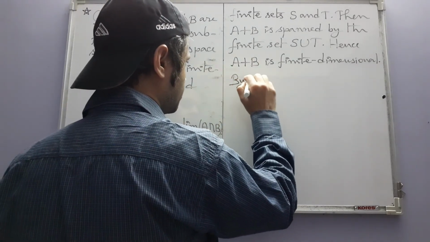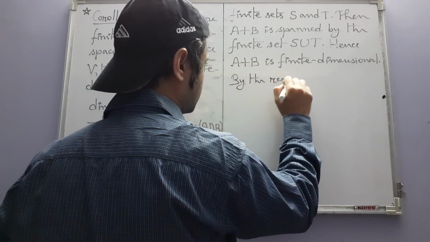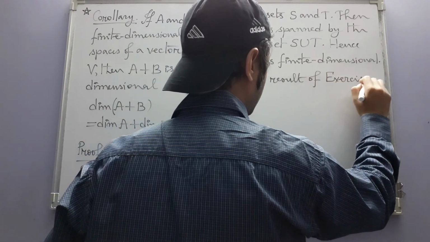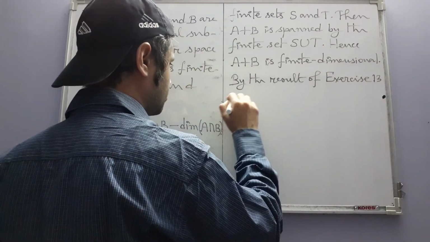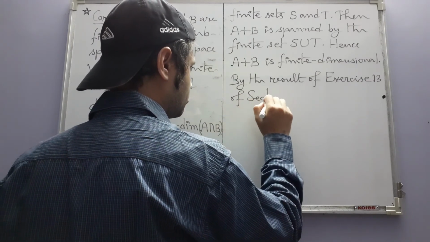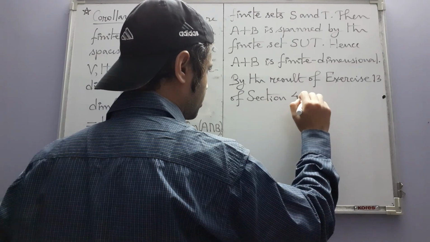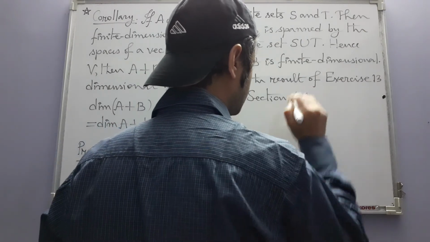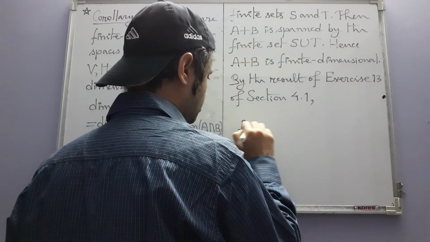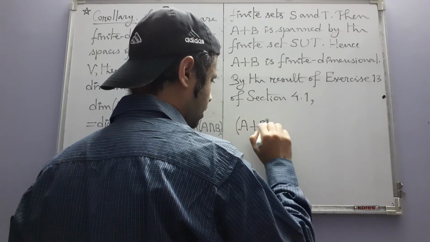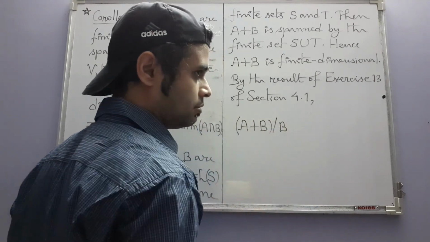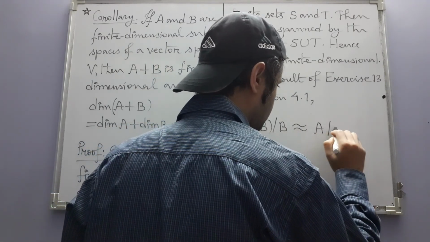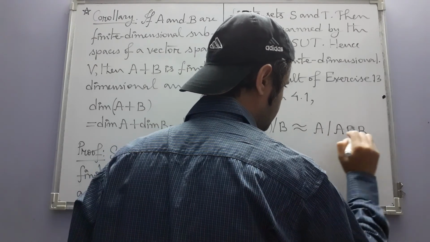By the result of exercise 13 of the first section on vector spaces, this quotient space A plus B by B is isomorphic to this quotient space A by A intersection B.